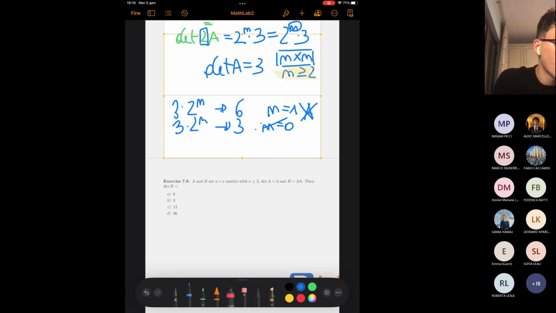But n has to be greater than or equal to 2, so it cannot be that n is equal to 0, because it's not a value that is greater than or equal to 2. So both A and B are not possible.